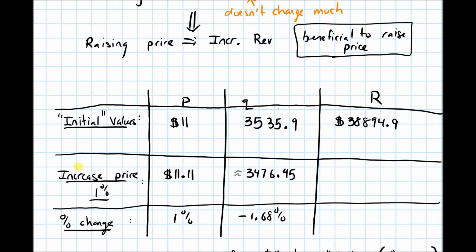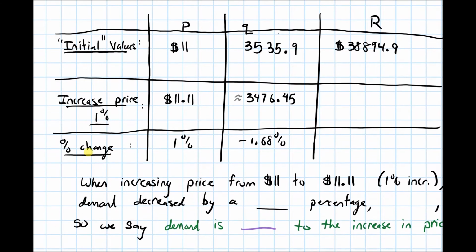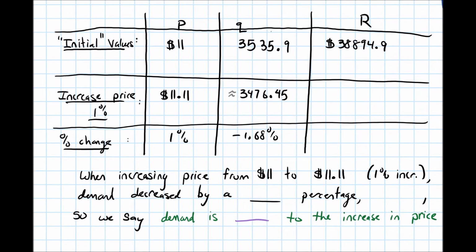1.68% if I round it to 2 decimal places. So in this question, now when we increase the price from $11 to $11.11, so a 1% increase, the demand decreased by a larger percentage. It decreased by 1.68%. So I'm going to write negative 1.68%.